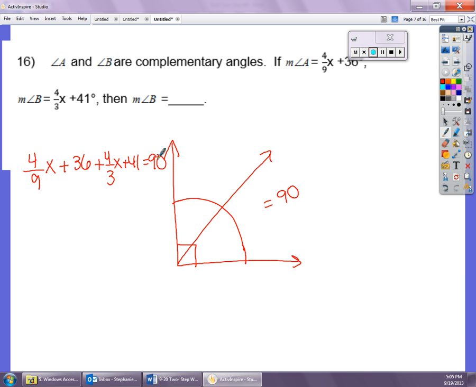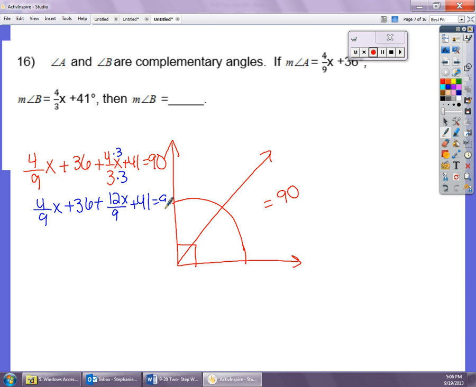Now you want these to have the same denominator, so the best thing to do is to multiply this second fraction by 3. Because if I multiply the second fraction by 3, it'll allow for me to have a 9 in this denominator, where that one already has a 9 in the denominator. So this actually becomes 12x over 9 plus 41, which will get added to this.